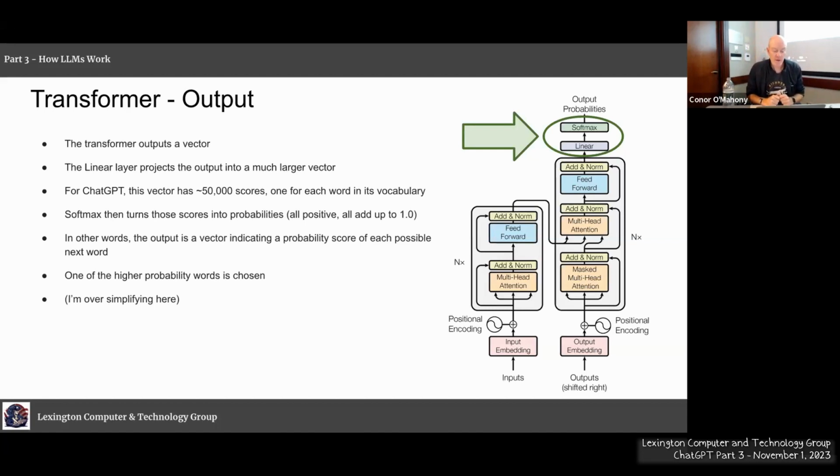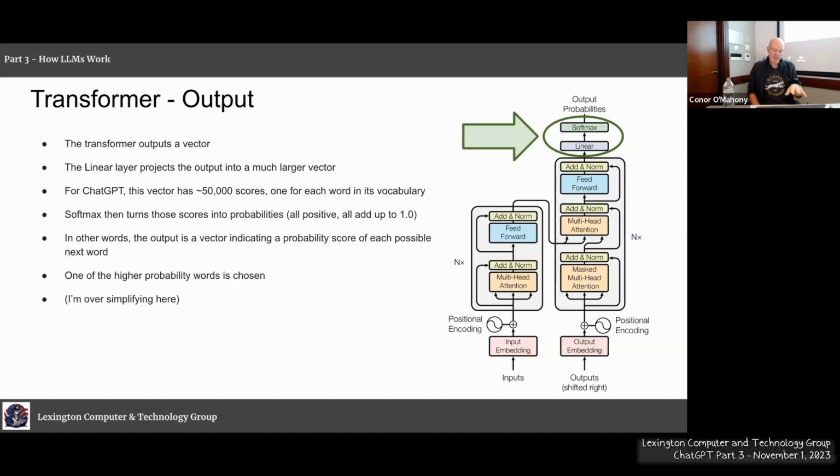And then one of the higher probability words is chosen. Notice I didn't say that the highest probability word is chosen. Sometimes it might not choose the highest probability word. Sometimes the temperature setting might direct it to not choose the highest probability word if you want to generate more colorful output.